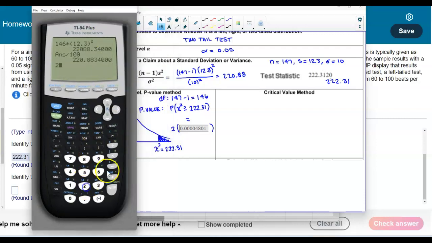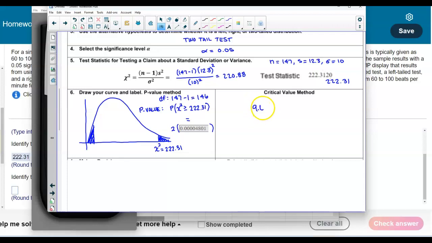We have 2 times 0.00004801, and then we're going to round that to 2 decimal places. So that's going to give us 9.6 e to the negative fifth, which is the same thing as 9.6 times 10 to the negative fifth.